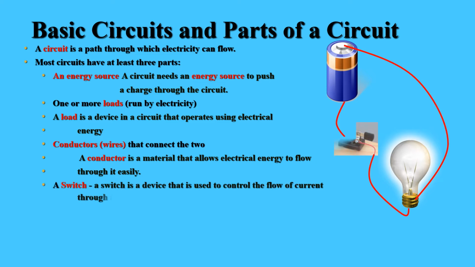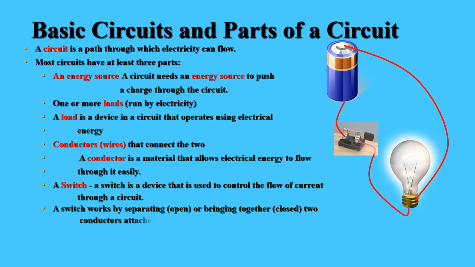A switch is a device that is used to control the flow of current through a circuit. A switch works by separating, or open, or bringing together, or closed, two conductors attached to a circuit.